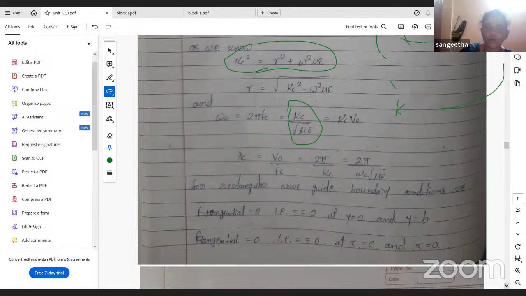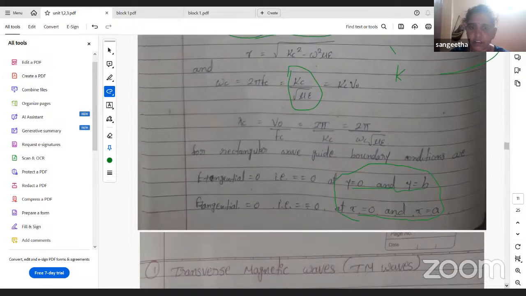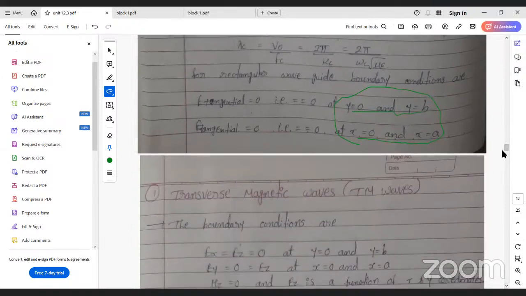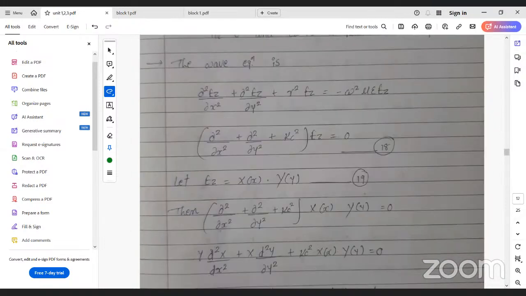For this, two boundary conditions we have. E tangential: if the y components are 0, y is from 0 to b. If the x components are 0, the boundary conditions are x equal to 0 to a, y equal to 0 to b. These two are tangential.